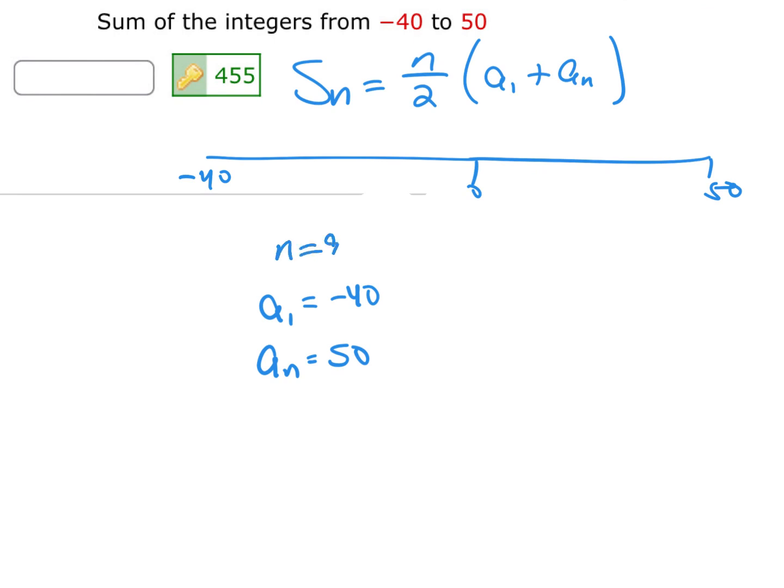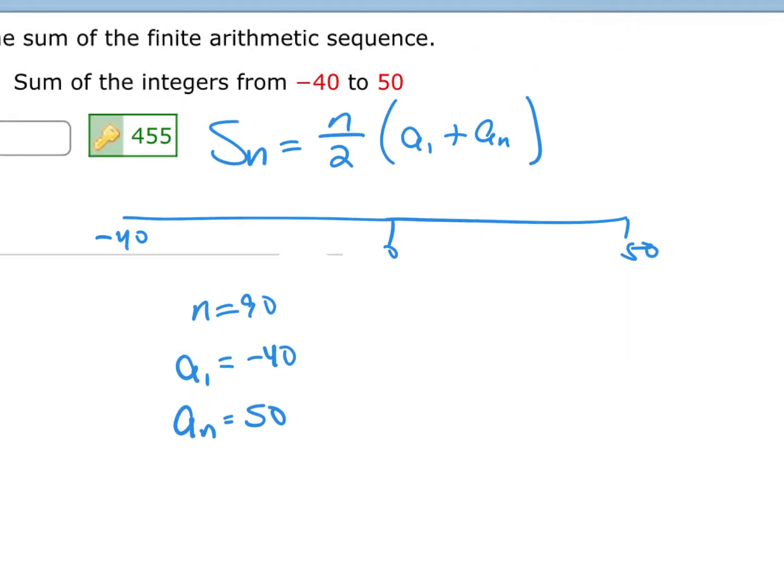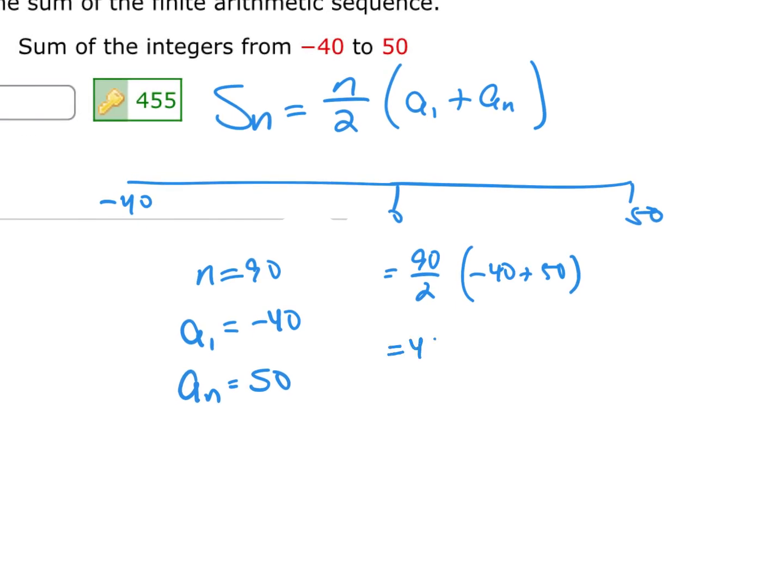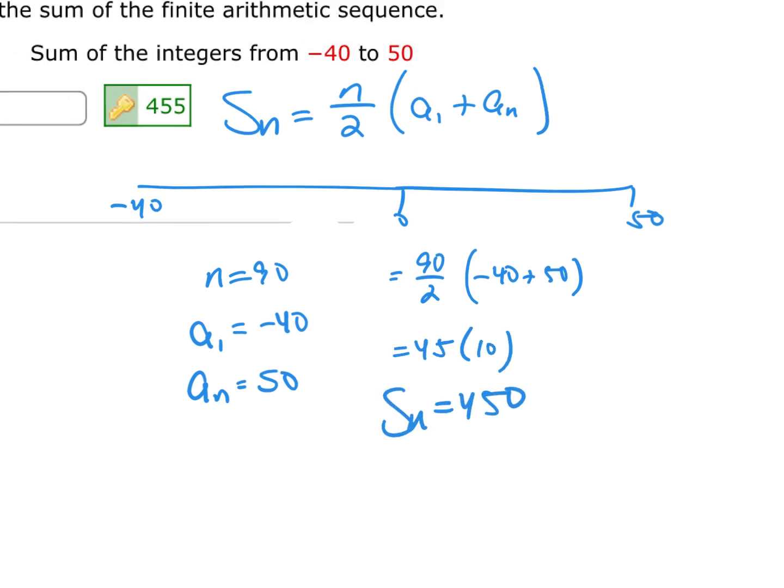Okay, 90. All right, let's work this out. So I have 90 divided by 2. My first term is negative 40, right? Plus 50. So 90 divided by 2 is 45. Negative 40 and 50 is 10. So my sum of these integers is 450, yeah?